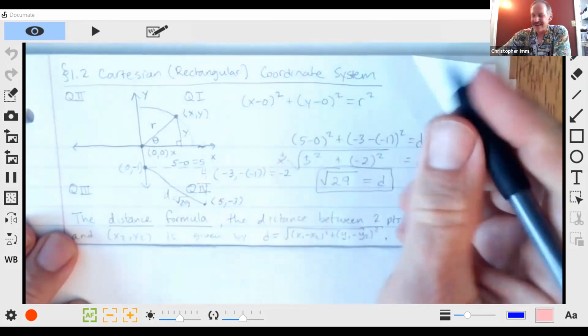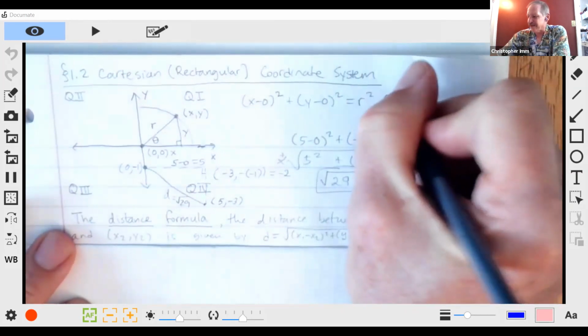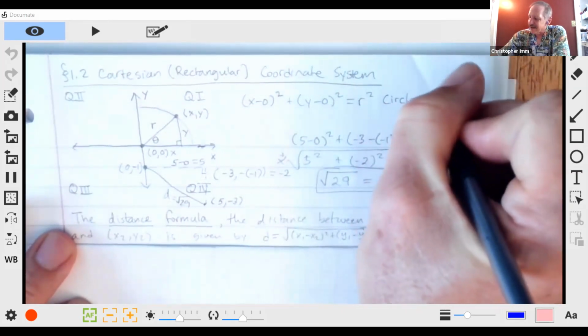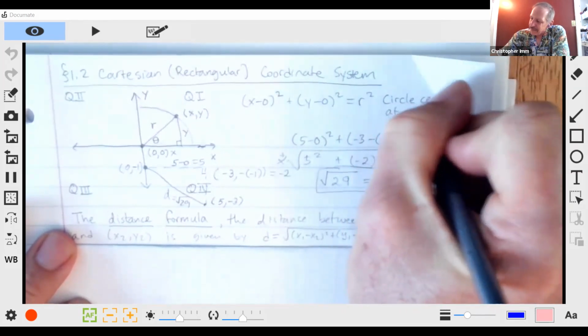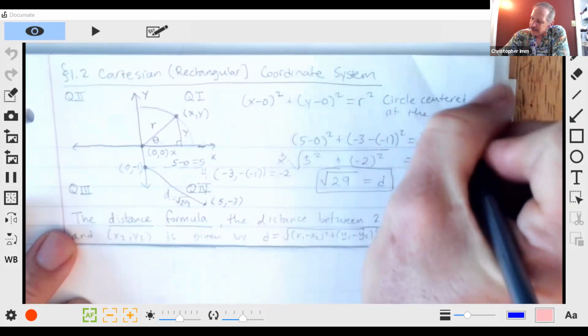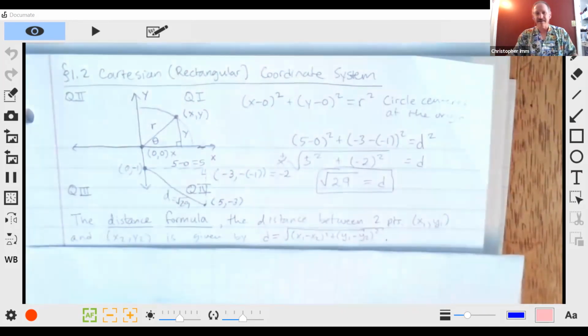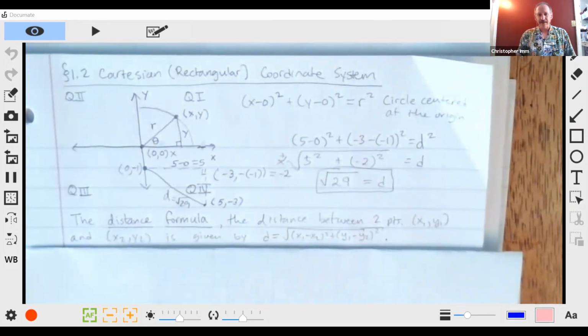And bingo, here we have a circle centered at the origin. And whatever that radius is. So we sort of talked about that last time.